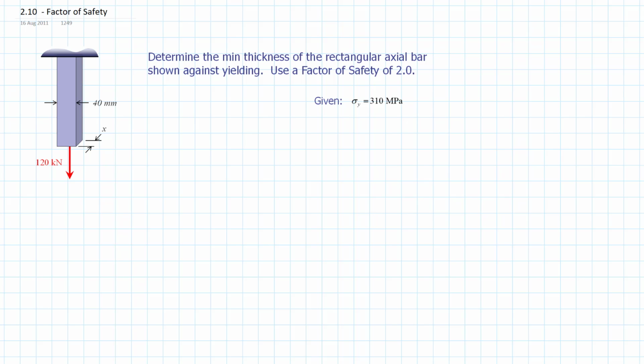So the first thing I want to do is figure out what my allowable stress is. And this is really where we will apply our factor of safety, against the material properties. So the allowable stress is equal to, in this case, our factor of safety against the yield capacity, and you could have different factors of safety against different criteria.